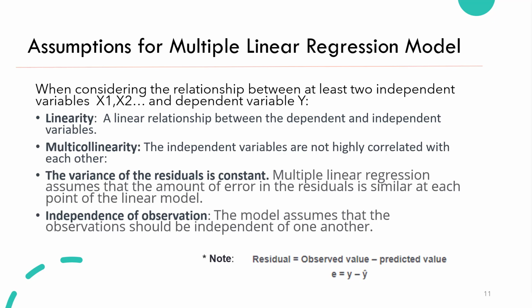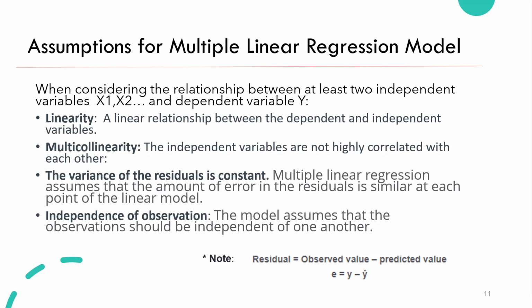The second assumption is that the independent variables should not be highly correlated with each other. So the data should not show multicollinearity, which occurs when the independent variables are highly correlated.